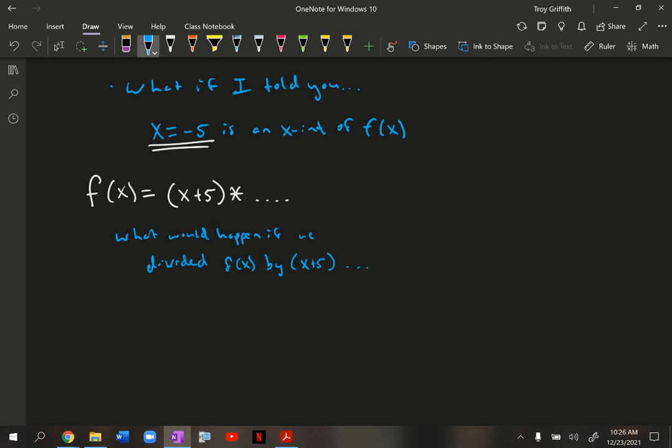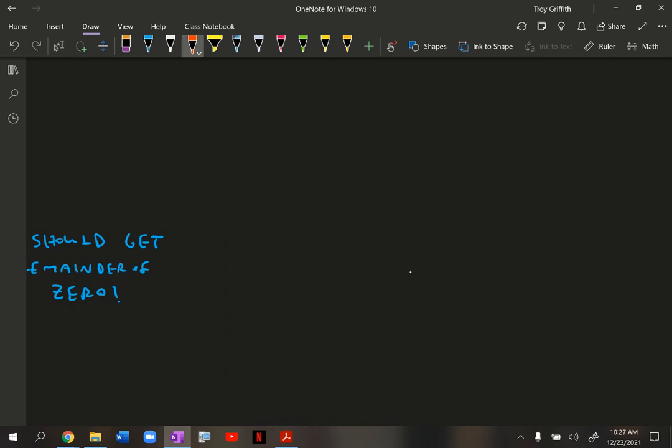Well, if something is a factor of the function, if we divide by that factor, we should get a remainder of 0, unless I lied to you when I told you that it was an x-intercept. As long as it is an x-intercept, when we divide by the factor that causes that x-intercept, we should get a remainder of 0. If this confuses you, think about numbers.